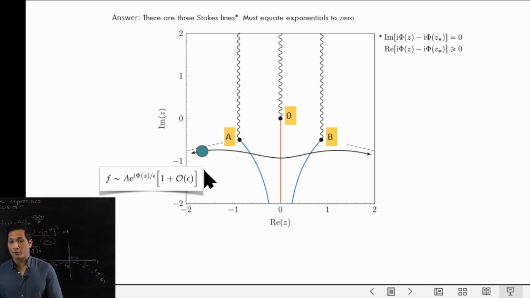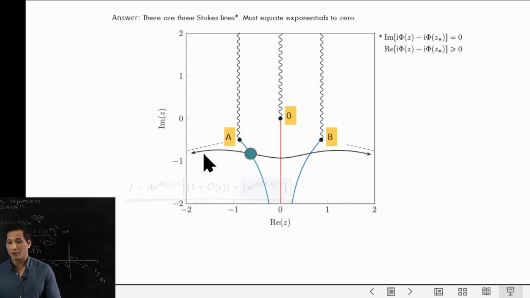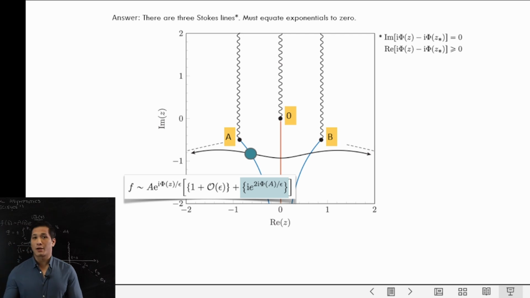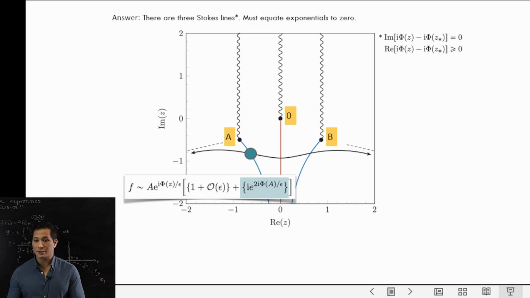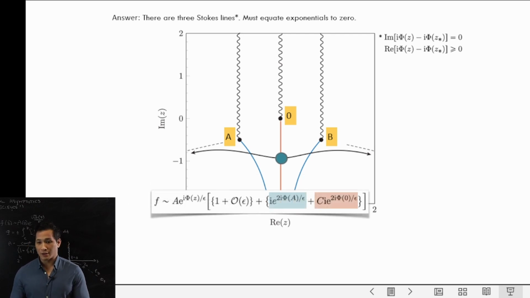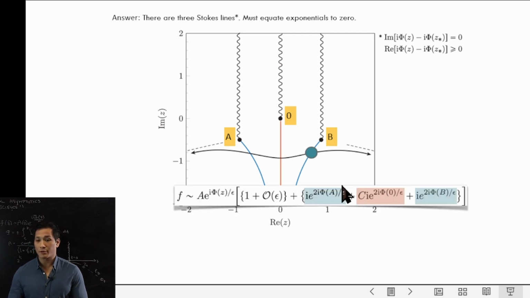But the idea is now that when I analytically continue my original exponential function from left to right, every time I cross one of these Stokes lines, I have to switch on an exponential. So the first one that I cross, I have to switch on this exponential, which I can derive. Then I cross another one, which switches on another exponential that I can derive. And then finally, the third one, okay?